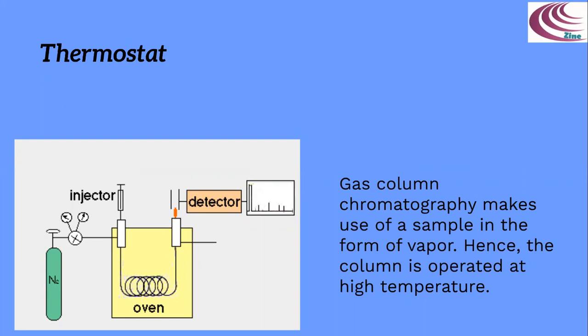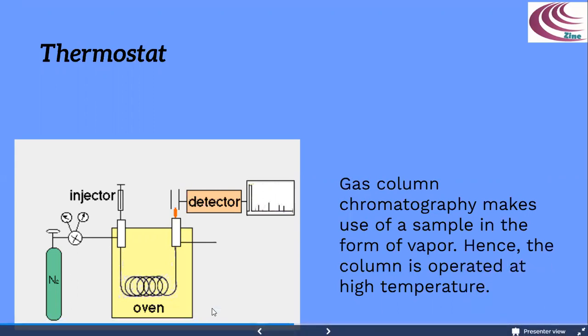The column temperature is an important parameter in gas liquid chromatography. Since variation in temperature results in a change in the retention time of a compound, it is absolutely important to control the temperature of the column strictly to a few tenths of a degree by employing a thermostat in the oven.